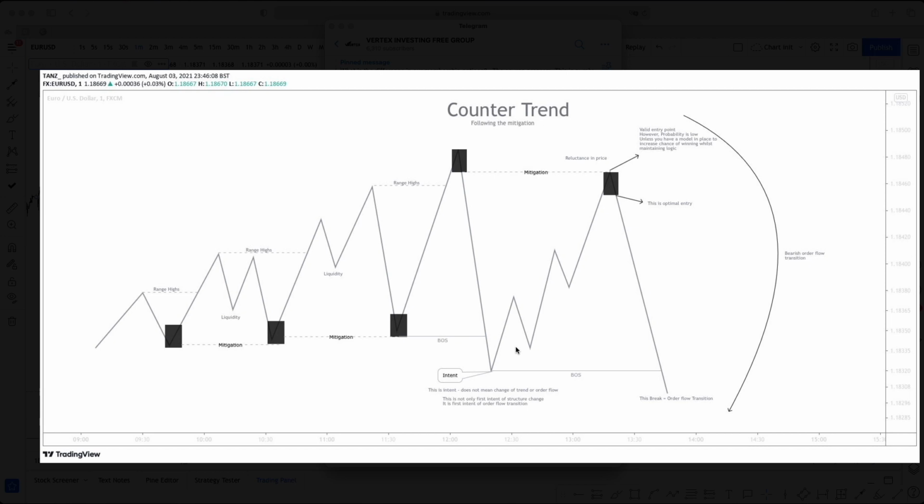But you still need to have the understanding behind why it's happening, because although we broke structure, the intent itself doesn't mean anything unless you get support of the move, which is due to the mitigation play.